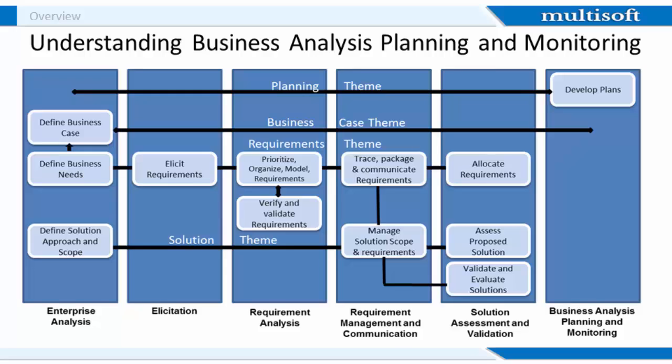In requirements analysis, you prioritize, organize, model, and verify and validate the requirements. You go into deeper analysis. You keep communicating the requirements. You keep managing the solution scope, so that scope creep doesn't happen. Then the solution is proposed, developed, pilot testing is done, and BA planning and monitoring is done. If you see the arrow above, where I'm showing the cursor, it is from the start till the end. So that is how the work goes on with the knowledge areas.